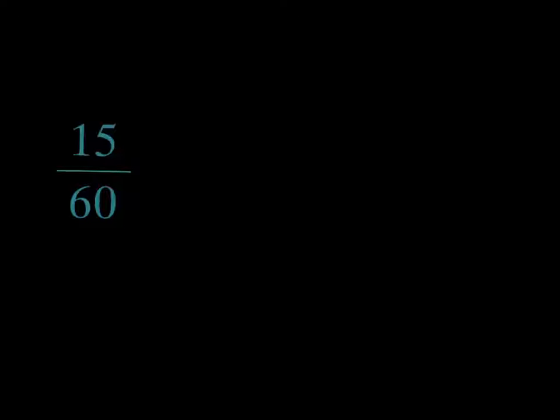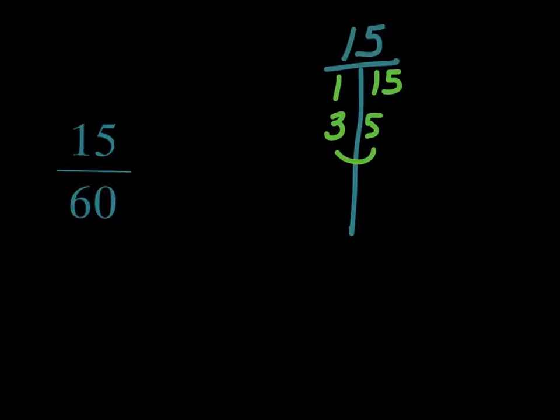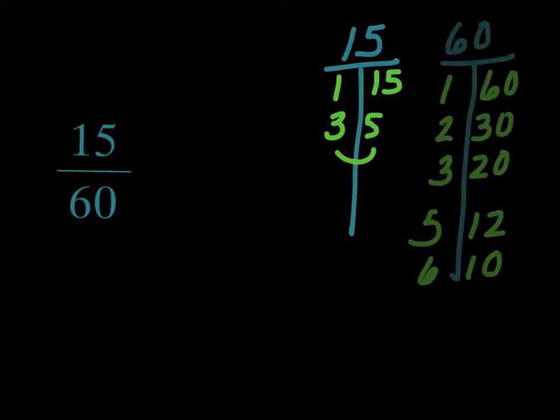I want to caution you about the importance of finding all of the factors. So if I'm looking at this problem, 15/60, I'm going to list all of the factor pairs. For 15, it was pretty easy because there are only 4 factors: 1, 3, 5, and 15. But for 60, I have a whole bunch of factor pairs.